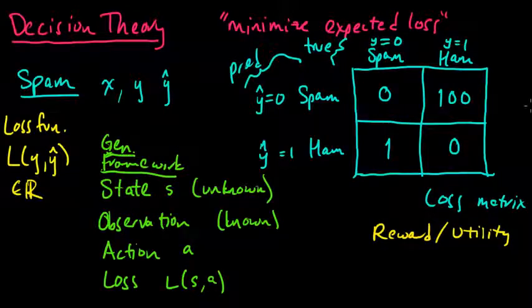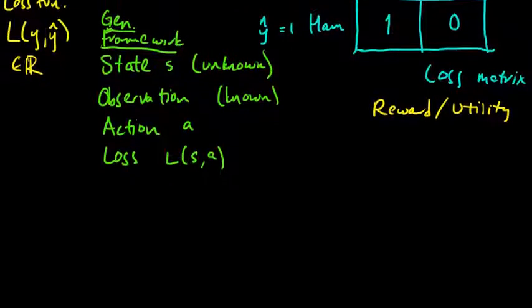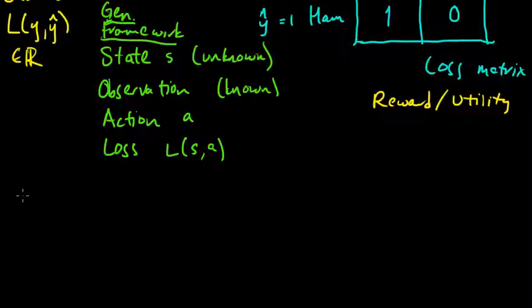This was one little example of a loss matrix, and let me give you another couple of commonly occurring examples that turn out to be important, in particular for machine learning. The first one is what's called the 0-1 loss.